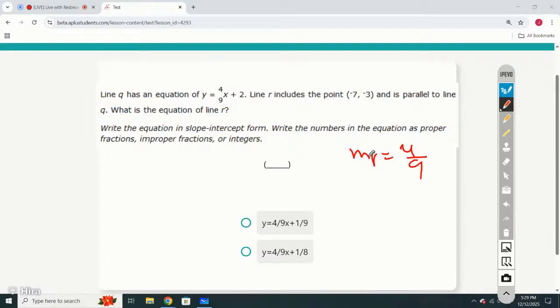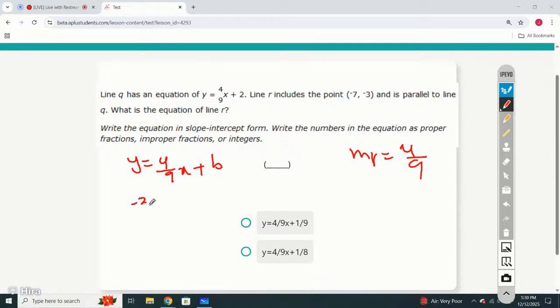So now let's use the point and calculate b, the y-intercept. The equation is y equals 4/9 x plus b.